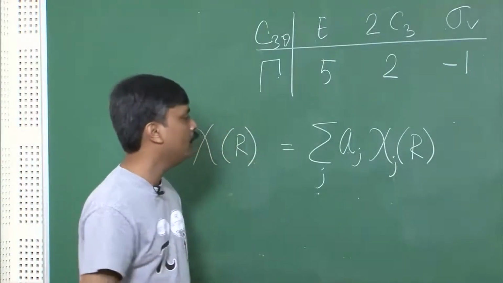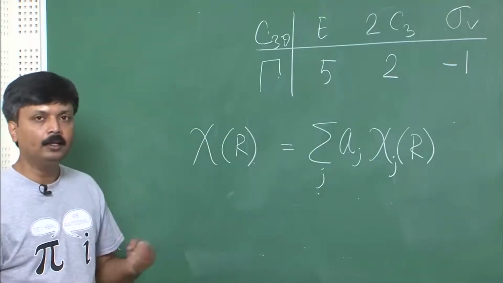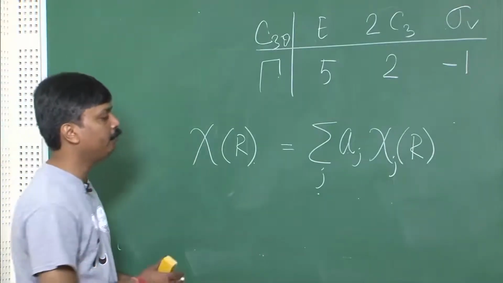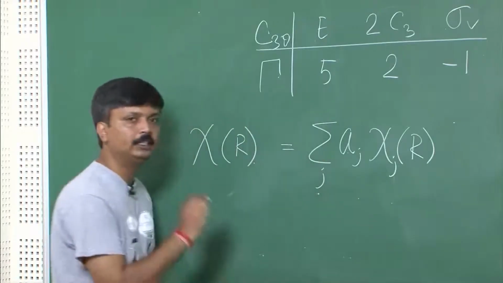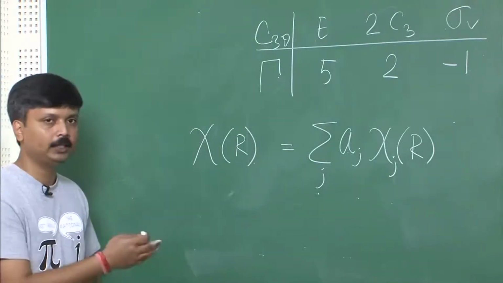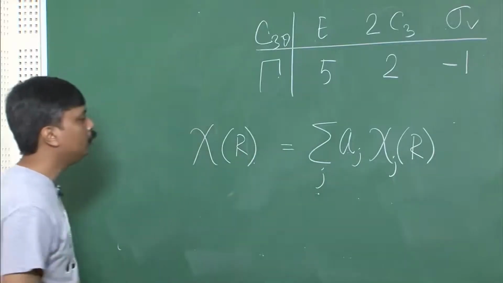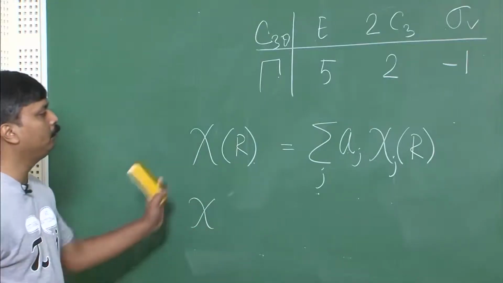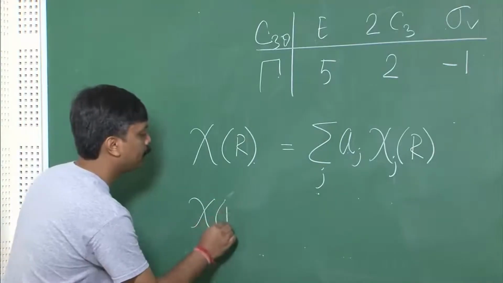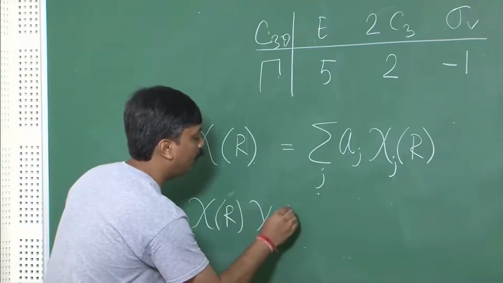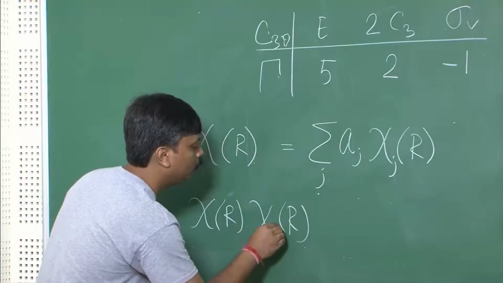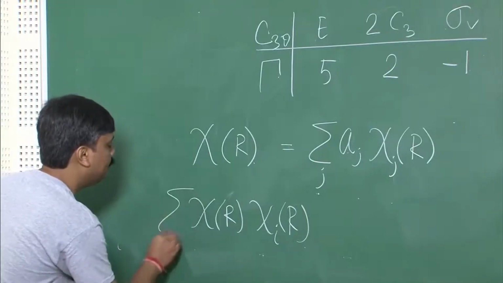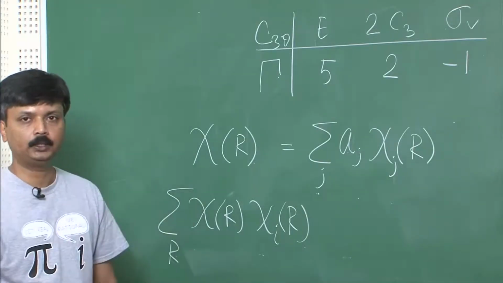Correct. So now let us see if we can find a mathematical relation by which I exactly determine the value of this A, that is the coefficient in this equation. In order to do that, what I can do is I multiply both these sides by chi of R corresponding to an ith irreducible representation, and then I sum it over all the symmetry operations, right.